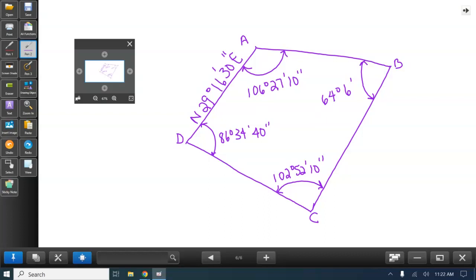I want bearings from A to B, B to C, C to D. You're given all four interior angles. They do close, so they do add up to 360.